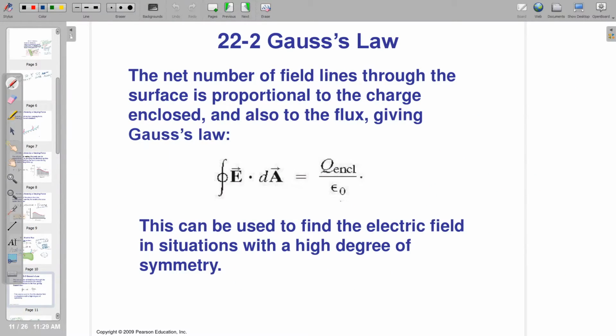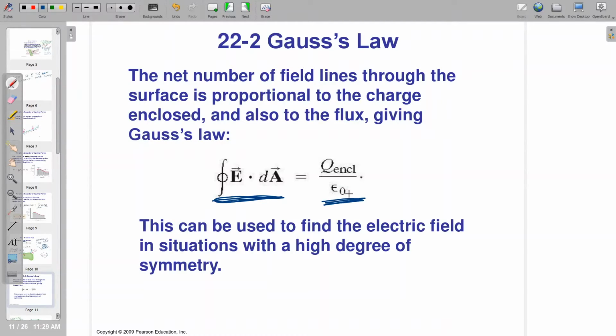Okay, on to Gauss's law. Gauss's law states that the net number of electric field lines through a surface is proportional to the charge enclosed within that surface. Here is the electric flux through a closed surface on the left-hand side, and here is the amount of charge inside of that surface divided by epsilon naught on the right-hand side.